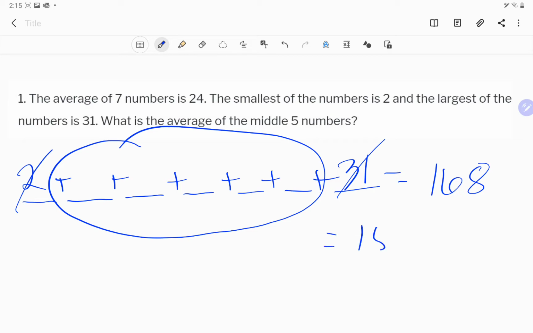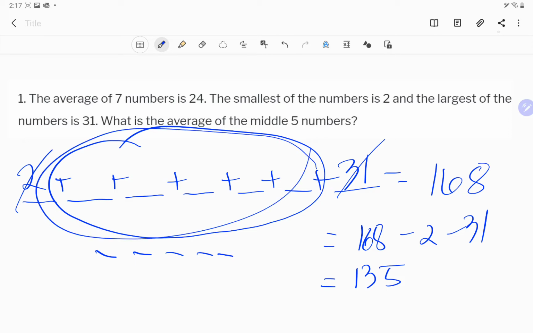So it will become 168 minus 2 minus 31, and then we have 5 numbers here: 1, 2, 3, 4, 5. 168 minus 2 is equal to 166, minus 31 is equal to 135. So 135 is the total or the sum of the 5 numbers in the middle.